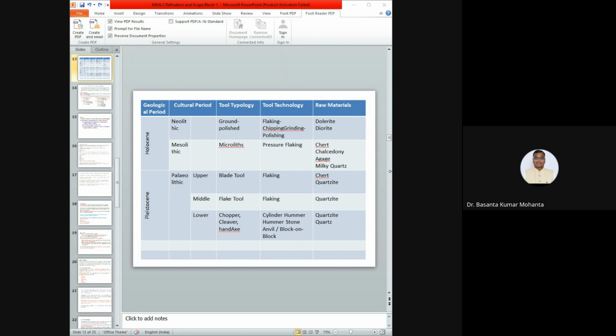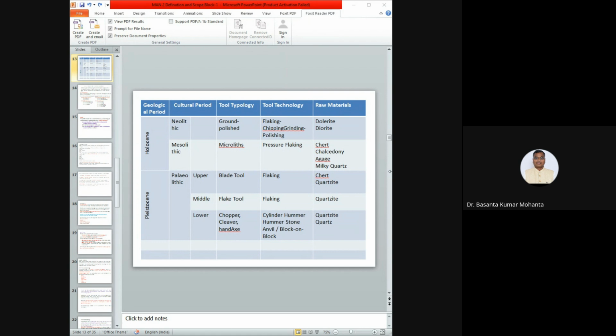Coming to experimental archaeology, this is another dynamic area which is recently emphasized by archaeologists. So, if we analyze the meaning of experimental archaeology, it indicates some kind of experiments, some kind of test, and it also has some kind of ethnographic analogies.